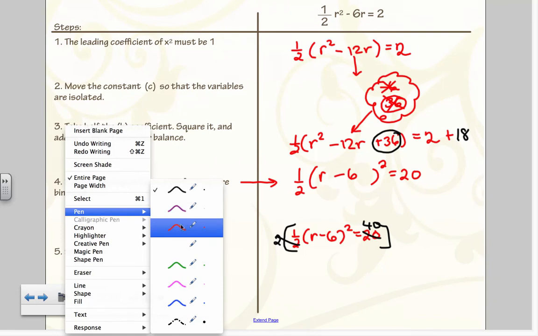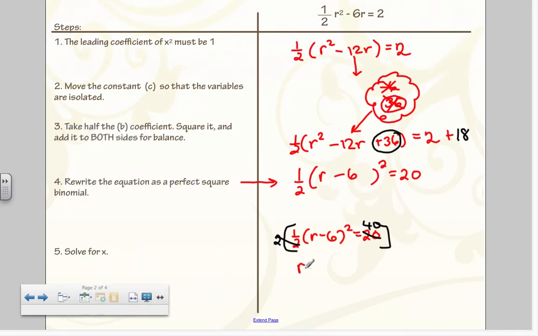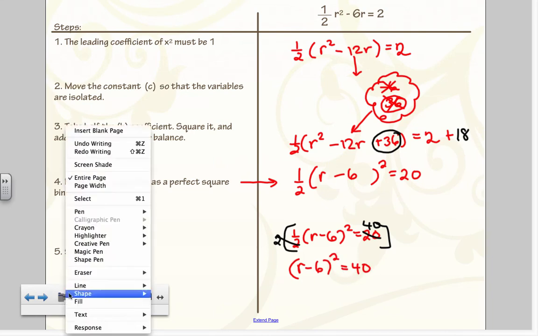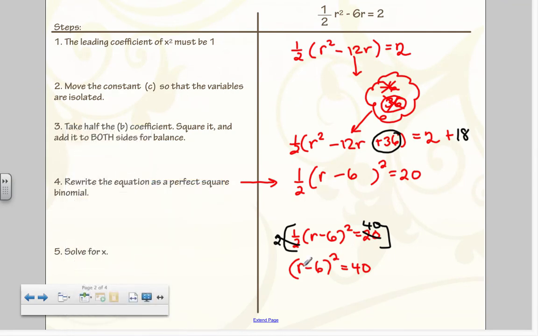And again, if this step is confusing to you, it was something we should have done last year, how to solve equations. What do I have to do now? Who's guarding the r? A squared and a negative 6. Well, the next thing I'm going to do is square root to get rid of the squared.